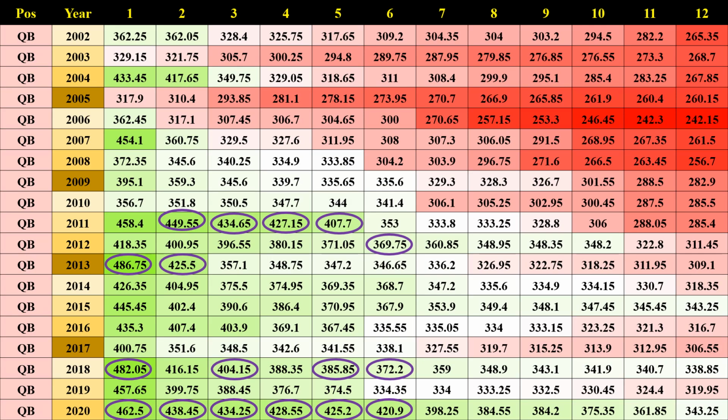This is a table here, first starting looking at the data, and we have position, the year, 02 to 20, and then the end of season rank, 1st to 12th quarterbacks. I took the whole metrics here and colorized and marked the higher scoring in the green and the lowest in the red, so we can see, as you might predict, the lower ranked quarterbacks will be producing less points.